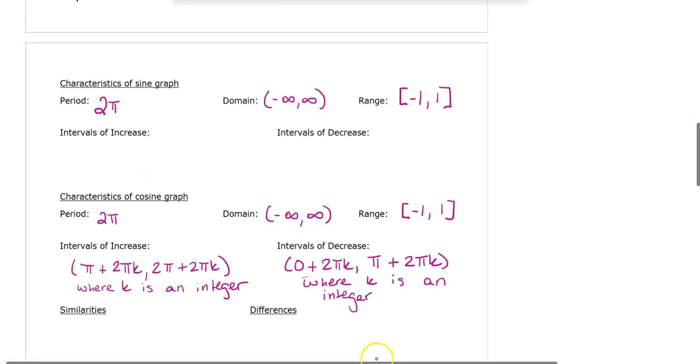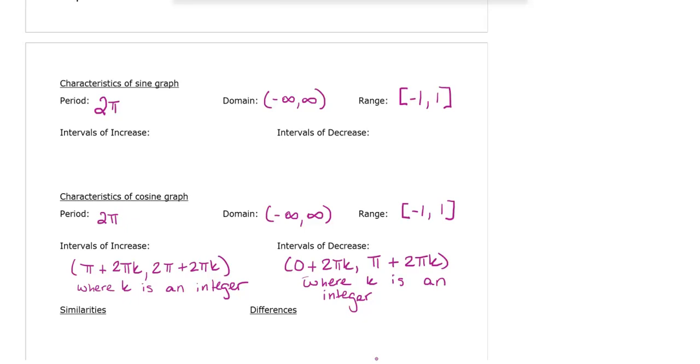This k is an integer part is also important because that's stating that all I can plug in there is an integer value. I can't plug in 0.2 because 0.2 rotations around the unit circle would not get me what I need for that repetition. It's 2 pi and it's integer repetitions.